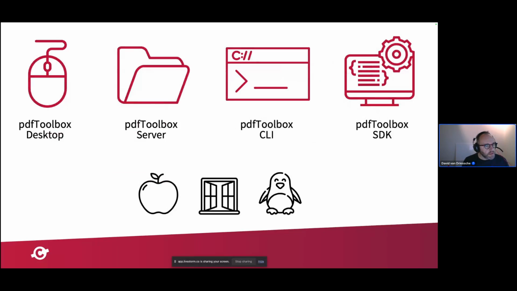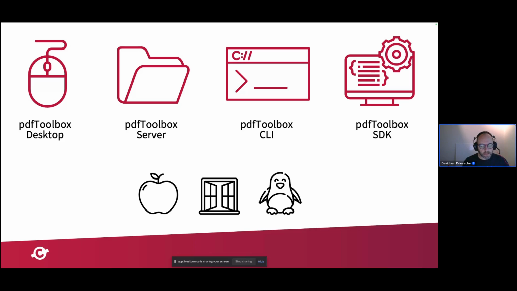It is one technology, pdfToolbox, but it can be implemented in a lot of different ways. And what you see on this slide is the solutions from manual with pdfToolbox Desktop to hot folder with pdfToolbox Server, over a command line tool with CLI, and then software development kits, pdfToolbox SDK, that you can use to integrate it into a larger application.